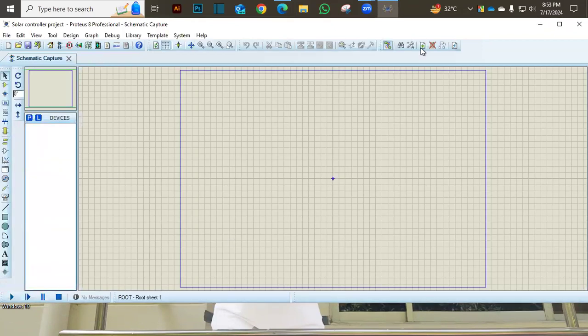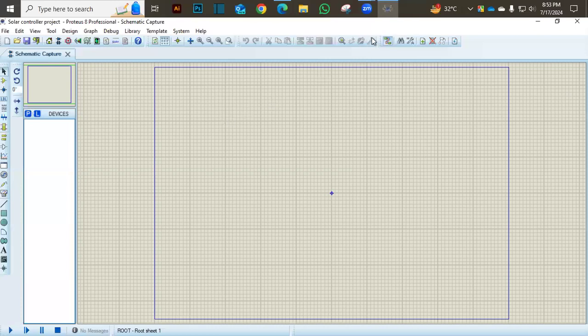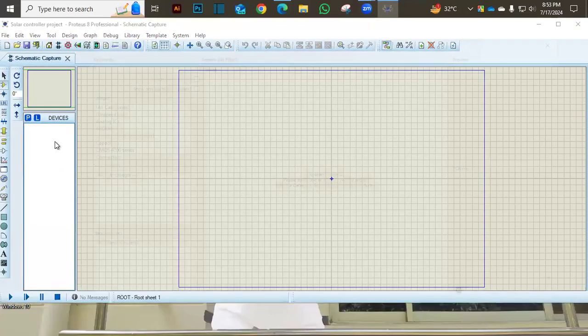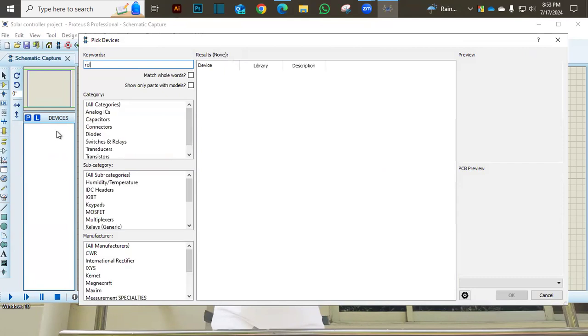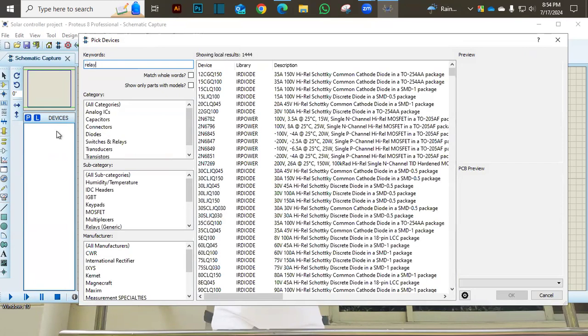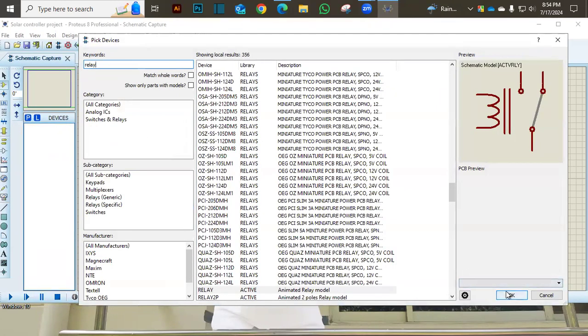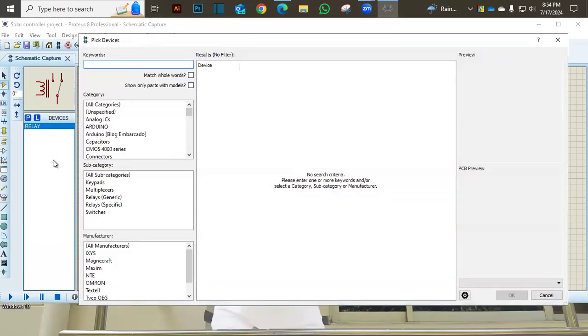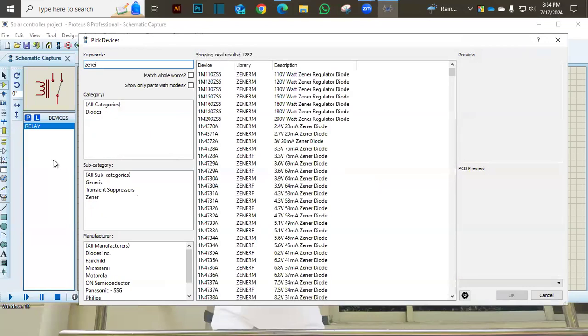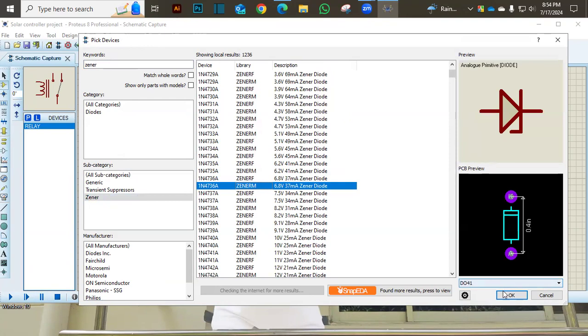Okay, our system is ready, and now we are taking some essential elements for our project, which is a relay. I am taking this relay. We need some Zener diode, and we add this.